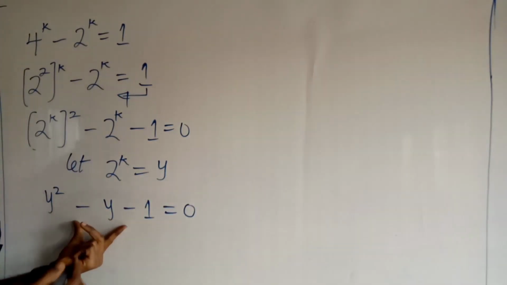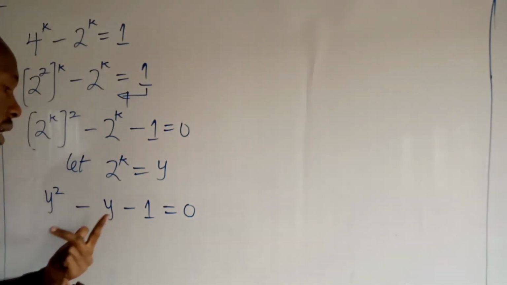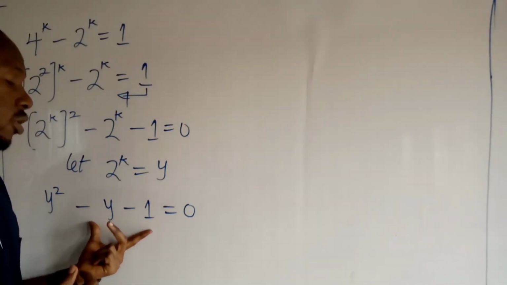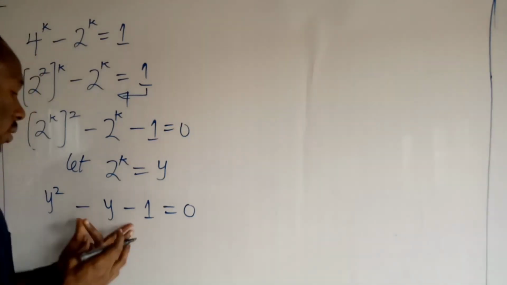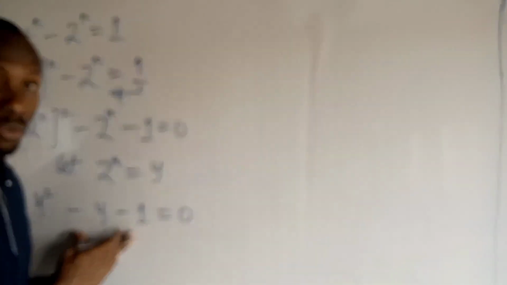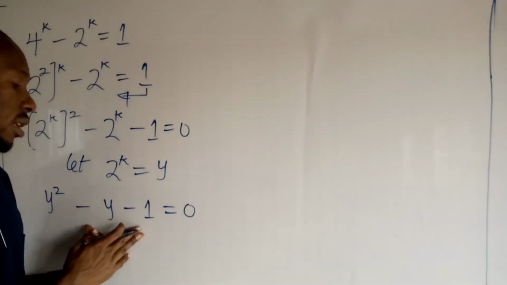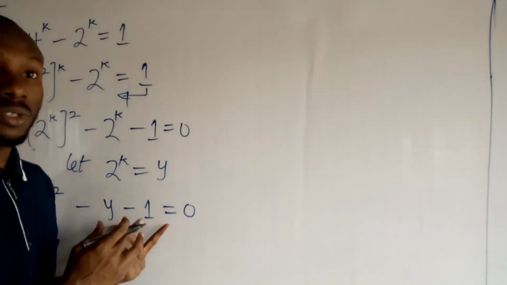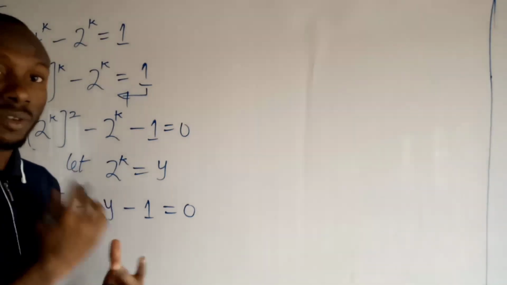Now you can see that we have a quadratic equation, and we are going to solve this quadratic equation by the formula method because it is not factorizable. So solving it with the formula method, we need to find the values of a, b, and c.